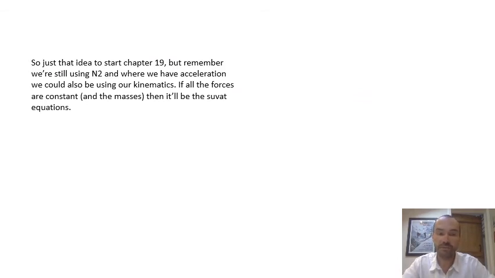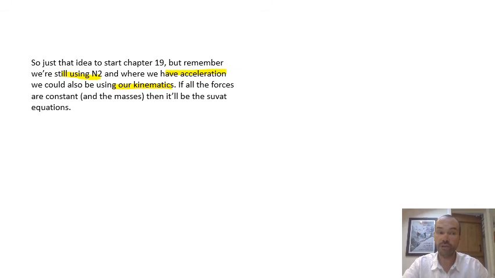Just that idea to start chapter 19, but even though we're introducing Newton's third law, we've straight away still been using Newton's second law. And if Newton's second law connects force to acceleration, then we could be using our kinematics once we have an acceleration.